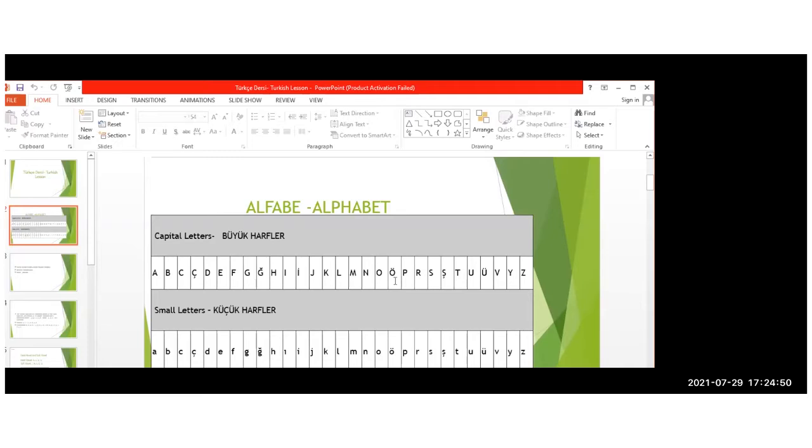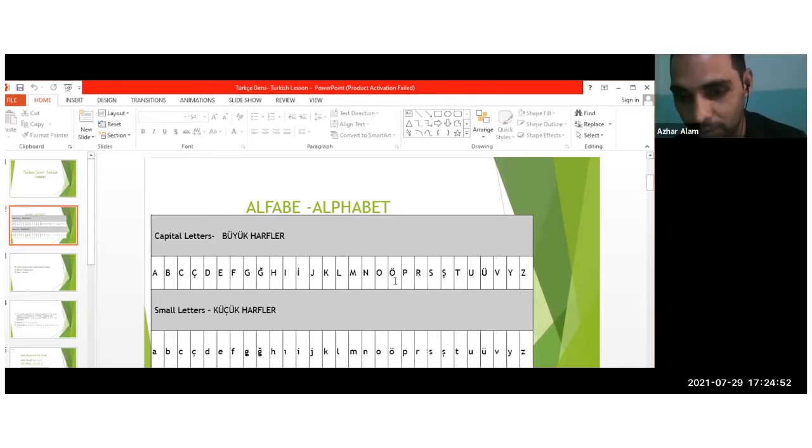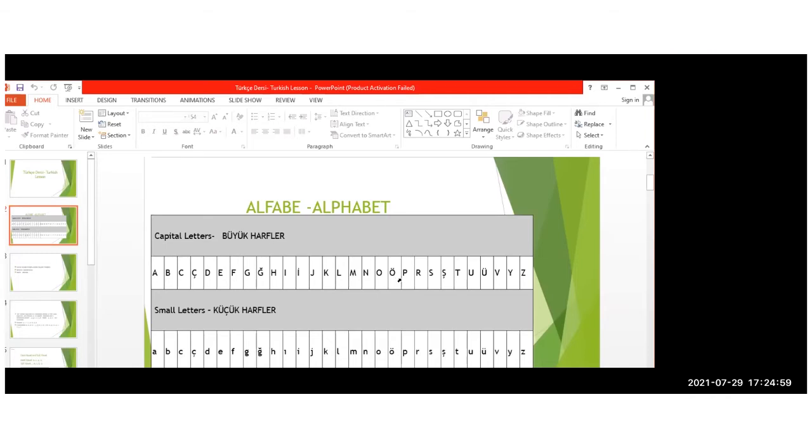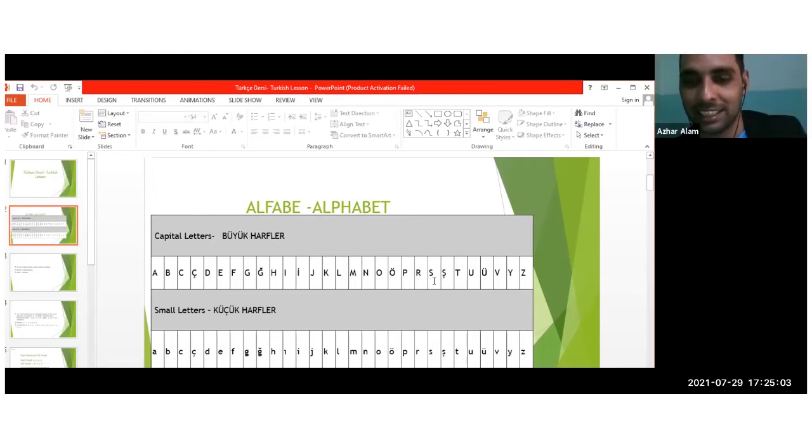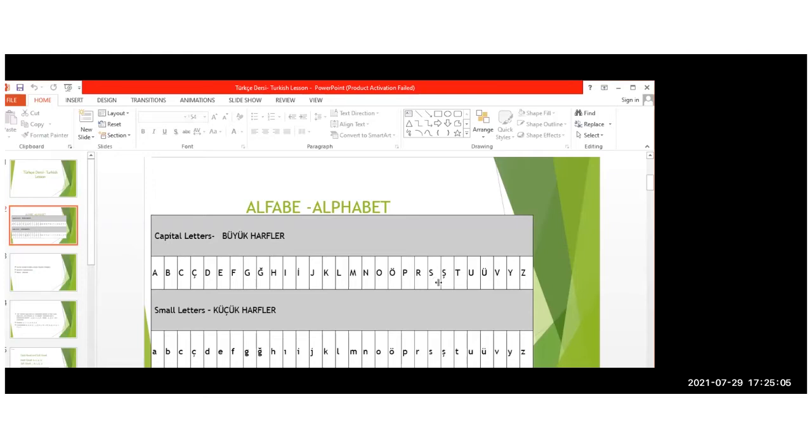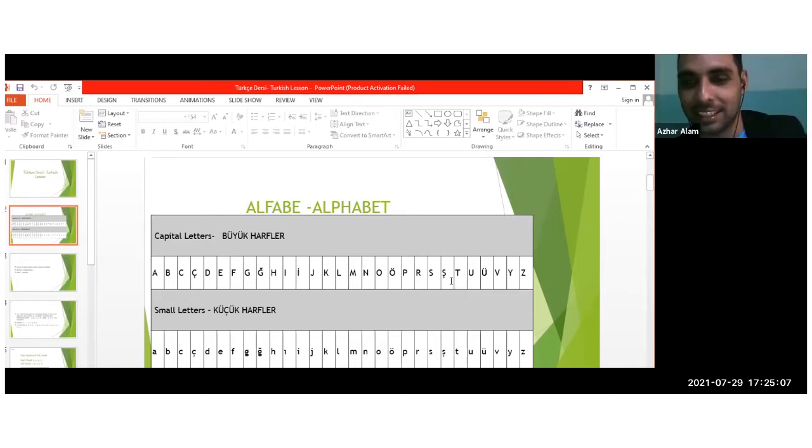And this one has two dots above, so we pronounce it a little soft. O. Correct. Pe, Re, Se. This is for She.